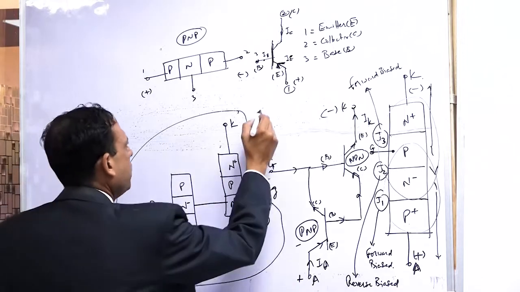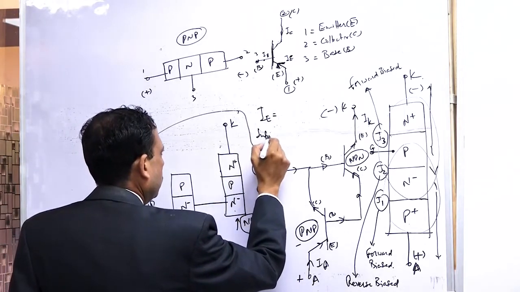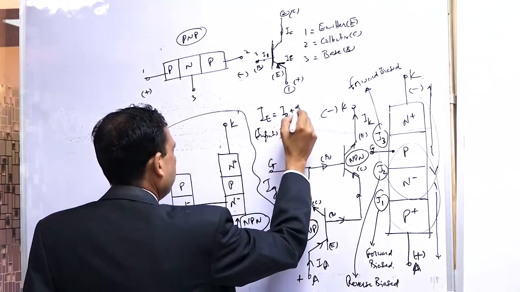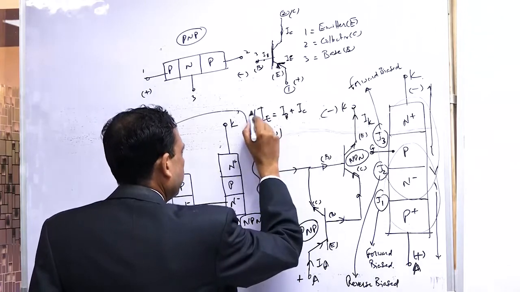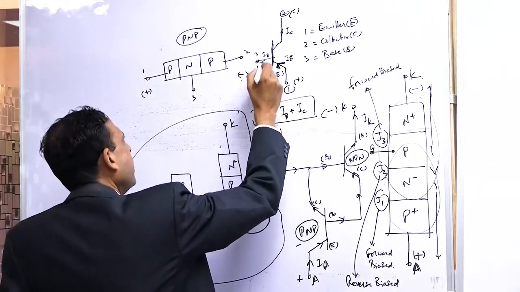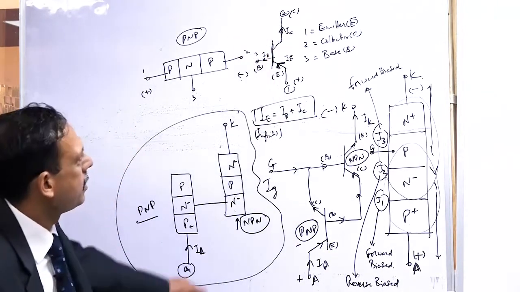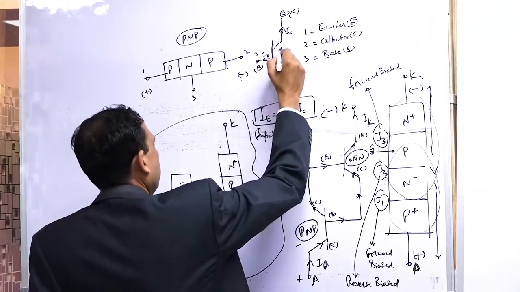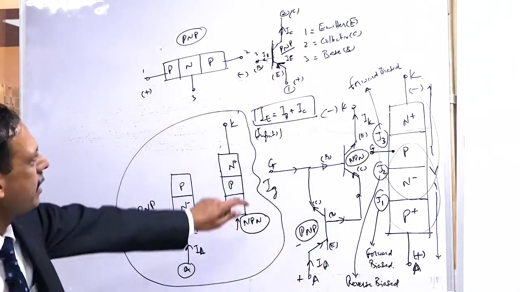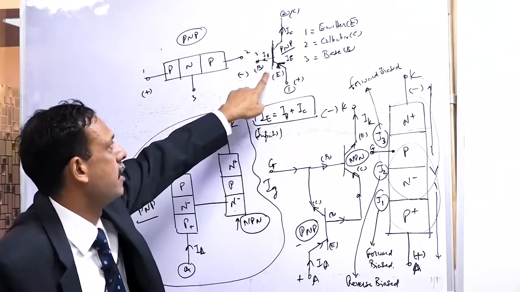The emitter current is the input current. It will be the sum of base current plus collector current. This is the output. Now if it is going inside, then this current has to go like this, current has to go like this. Please understand the PNP transistor. If you forget it, then it will be very difficult. You have to understand that at the emitter terminal the current is going inside the transistor.